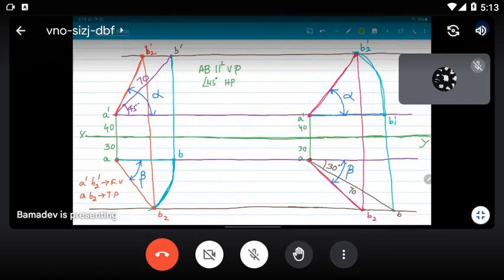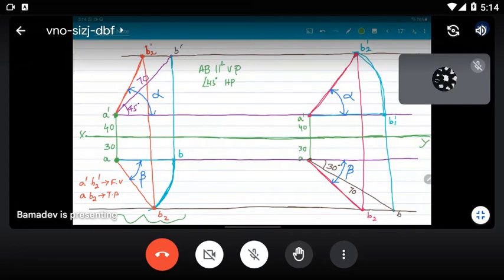This is what I have drawn in this part. You see here, forget about the part. I have first drawn the projection of points. Point A, which is already given, its position in front of VP, how much, right? And above HP, how much it is mentioned. Using those data, I have drawn A dash and A. Right?